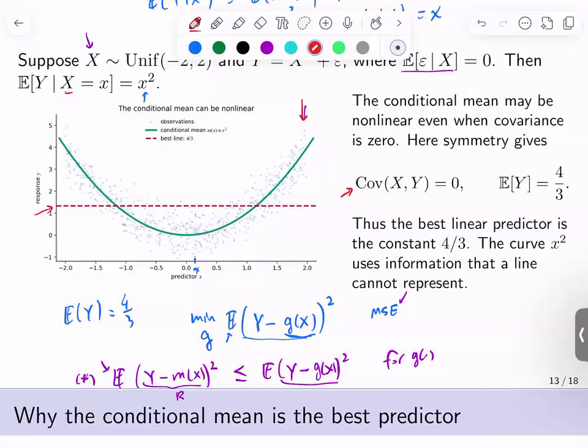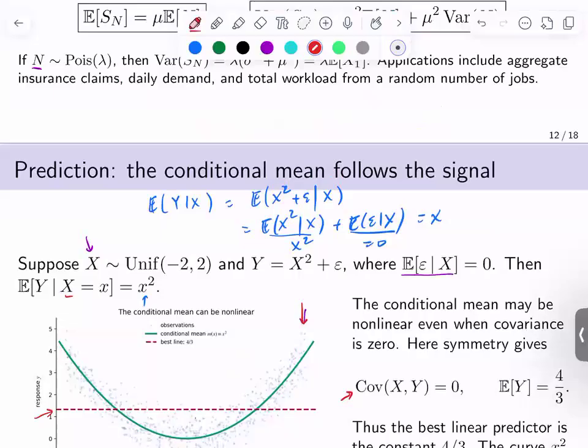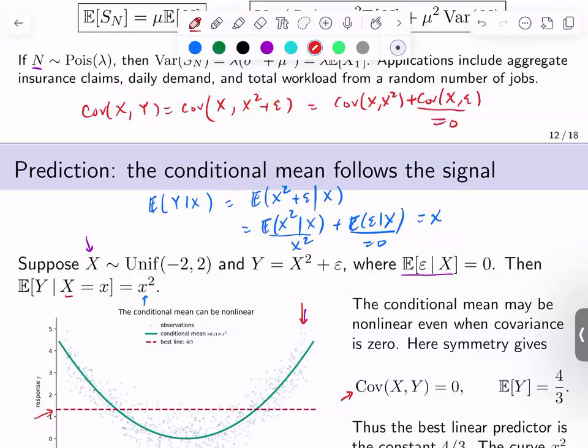They're not correlated. The way to show it: if you look at the covariance of x and y, you would get the covariance of x and (x squared plus epsilon). You would get the covariance of x and x squared plus the covariance of x and epsilon. If they're independent, this is going to be 0.